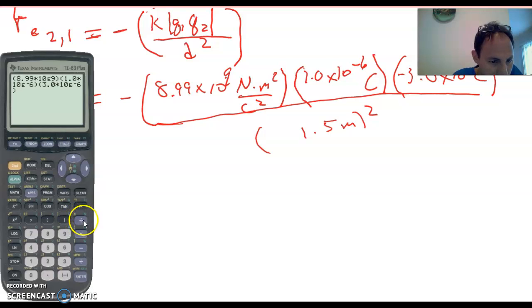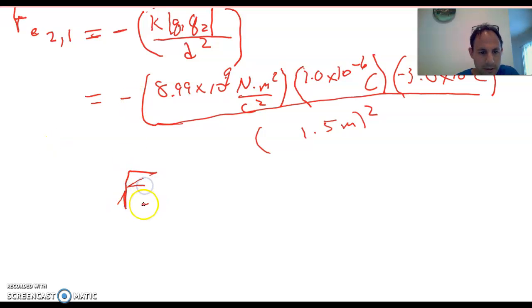And then we're going to divide all that by 1.5, close parentheses, and we'll raise that to the second power. All right, let's see what we get. 11.98, rounded to 11.99. And so that is the force of charge 2 on charge 1.